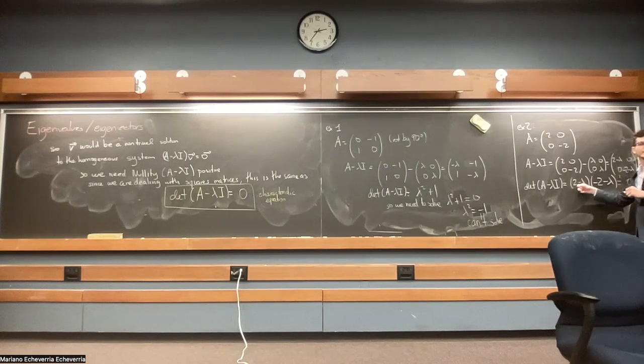So lambda equals 2 is a possibility, and that's the eigenvalue we had found at the beginning of the class. And there's this other one, which would be lambda equals -2. That we didn't see so directly from the picture.